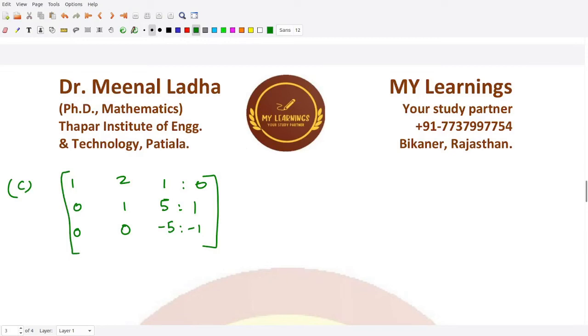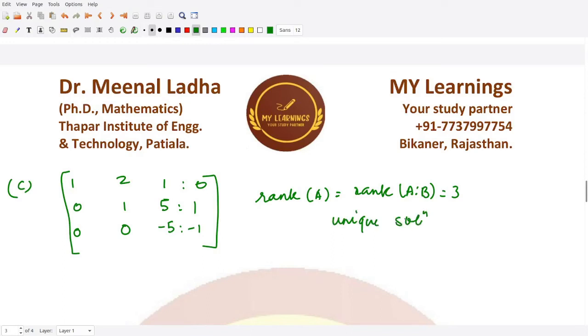So we have to convert this into echelon form. So clearly this is in echelon form, no change in this one. Here the rank of A is equal to the rank of the matrix A augmented B, and that is equal to 3, right? So in this case we would have unique solution.